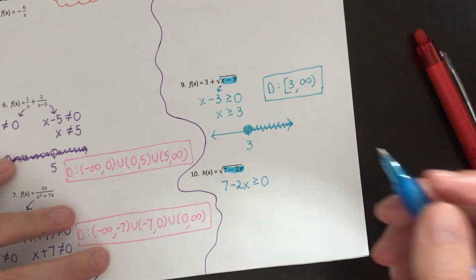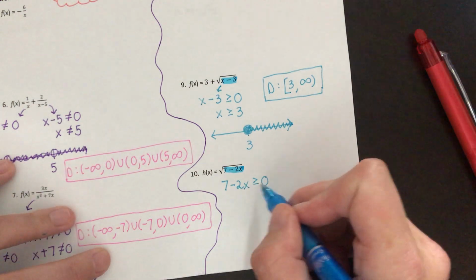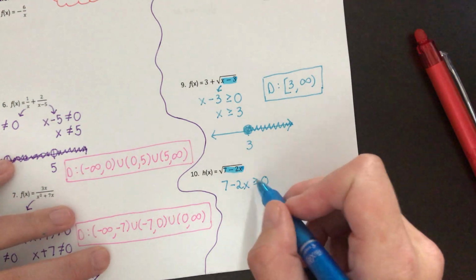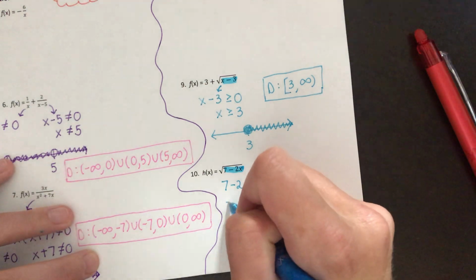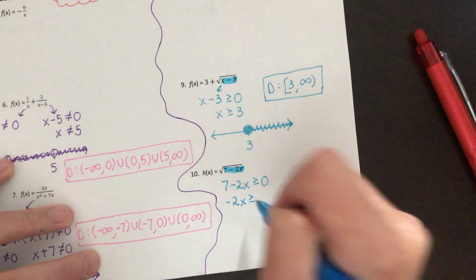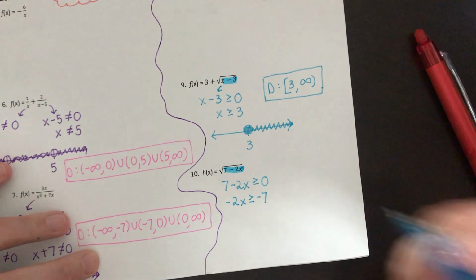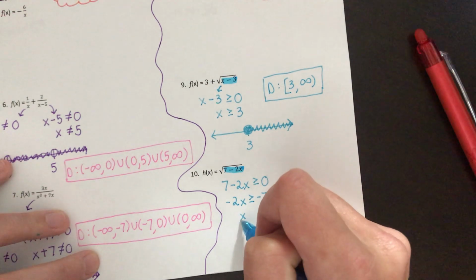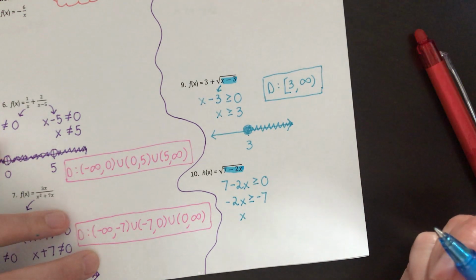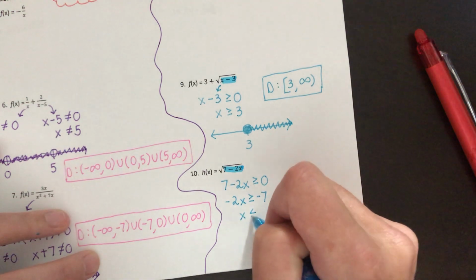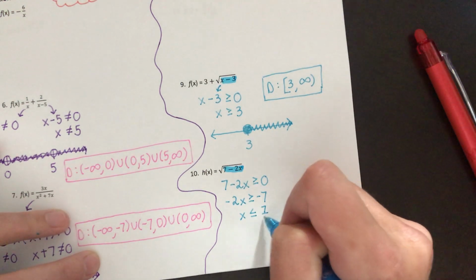To get x isolated, I know it might be tempting to move that 2x over because it's negative, but don't. When you're working with inequalities, you want the x on the left. So negative 2x is greater than or equal to negative 7. Then divide by negative 2. A red flashing light should be going off in your head. When I divide by a negative, you flip the sign.